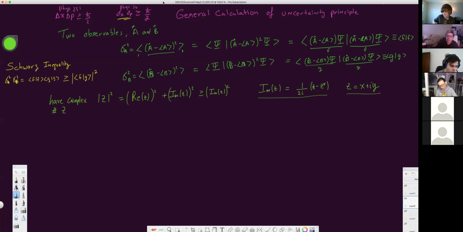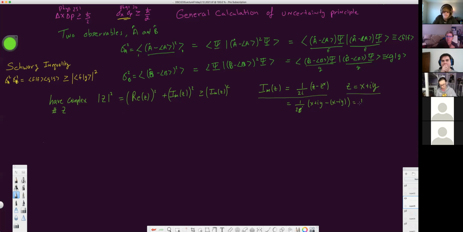Let's go over it, guys. It's really not too hard, so let's look. We're going to take the imaginary part of z. So we take 1 over 2i, and then we use z minus z star, which is x plus iy minus (x minus iy), because that's the complex conjugate, right?